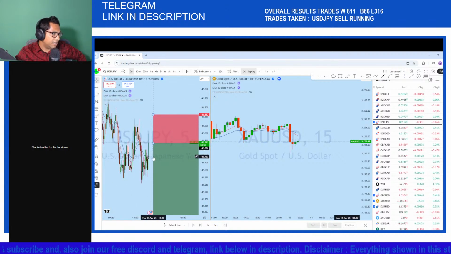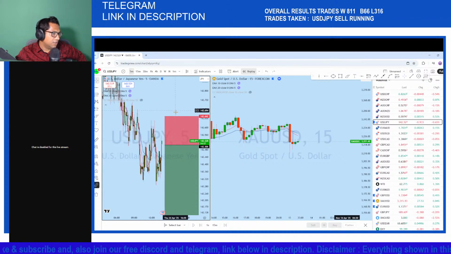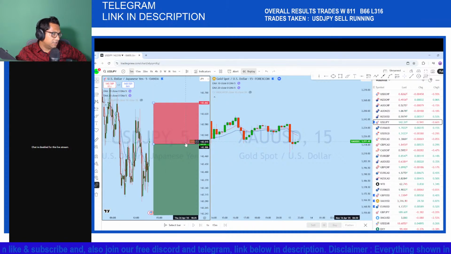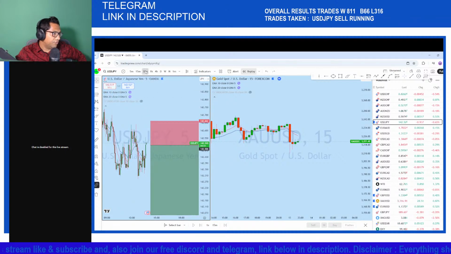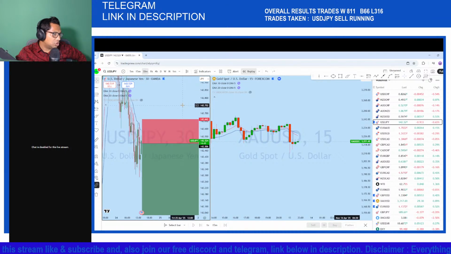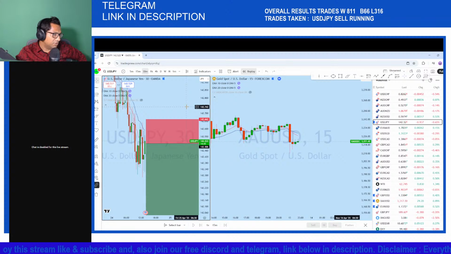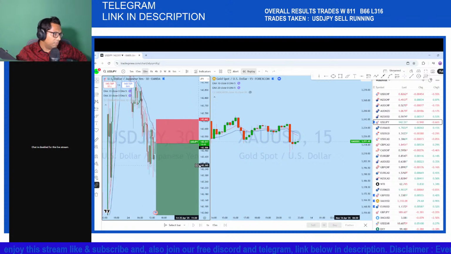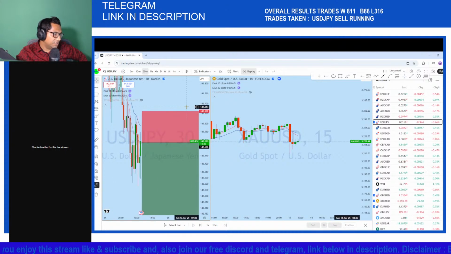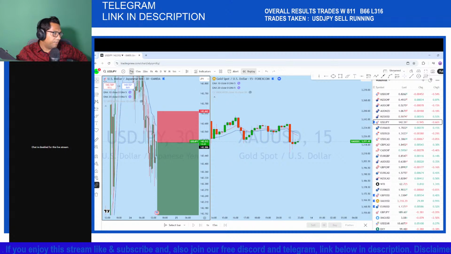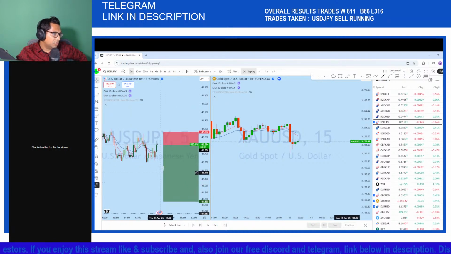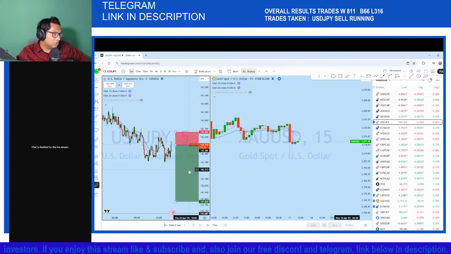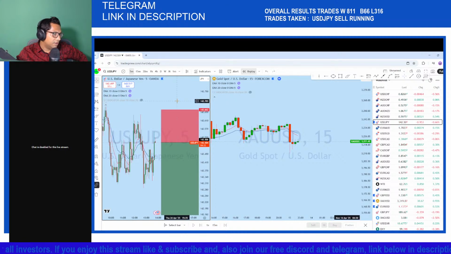So let's see after the close of this candle if the market is again returning back to the major direction. So if we see that it's not showing a very strong bearish move, we may manage the trade in the middle for a potential break even. So we'll be waiting to see that it's able to break the low here.